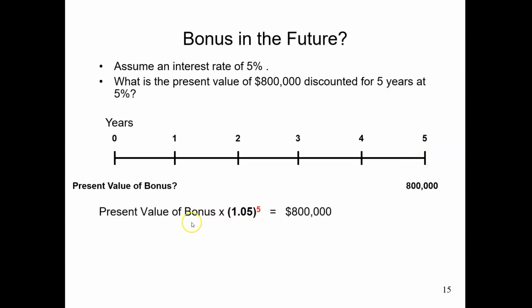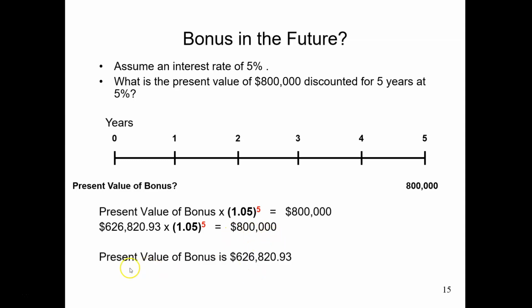Now we can write the previous equation. We are expected to find the present value of the bonus plan. Then if multiplied with 1.05 to the power of 5, it should be $800,000. Well, $626,000 multiplied by this number will be exactly $800,000.